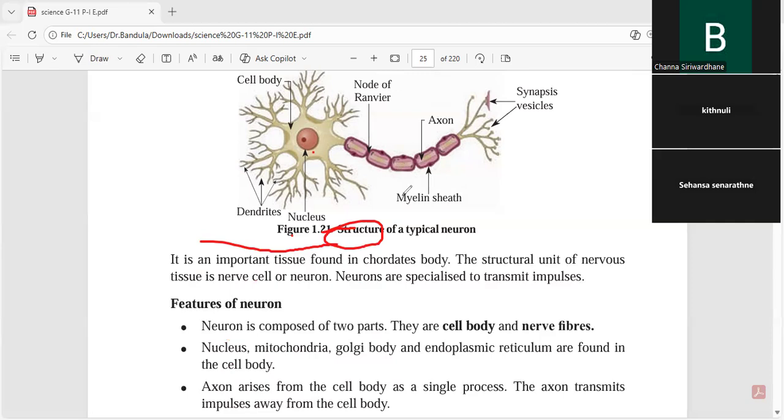Clear, sir. Right. Miss Sehansa, are you okay now with the data? Okay sir. Right. Then you have missed something very important.